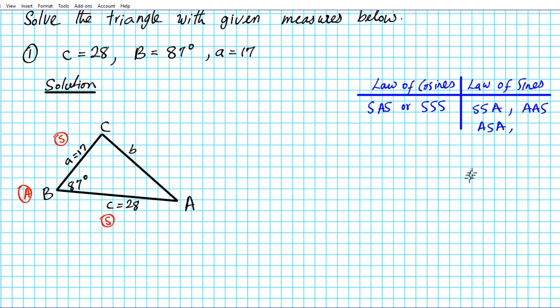All you need is an angle and a side that are opposite to each other given, and one angle or one side in order to use the law of sines. The law of cosines is just SAS like this, or side, side, side.